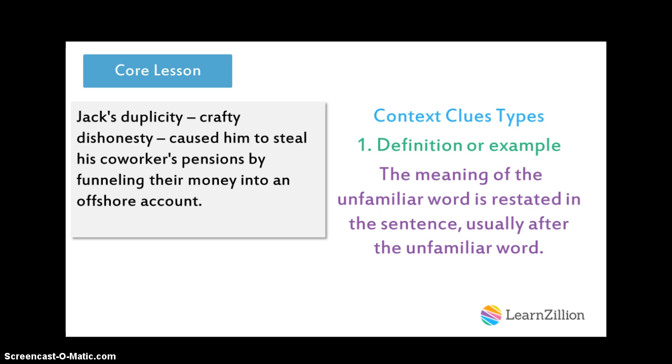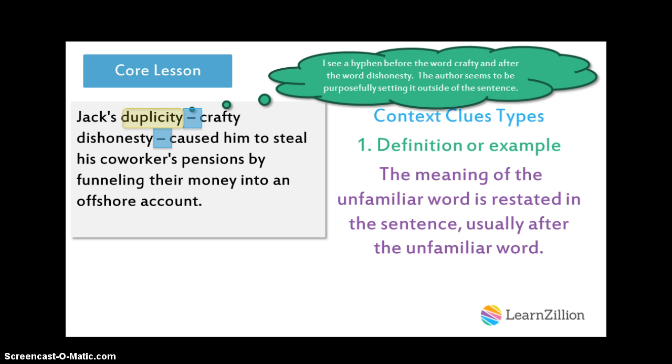For example, Jack's duplicity, crafty dishonesty, caused him to steal his co-workers' pensions by funneling their money into an offshore account. I want to know what the word duplicity means. Now I can see a hyphen before the word crafty and after the word dishonesty. The author seems to be purposefully setting it on the outside of the sentence.